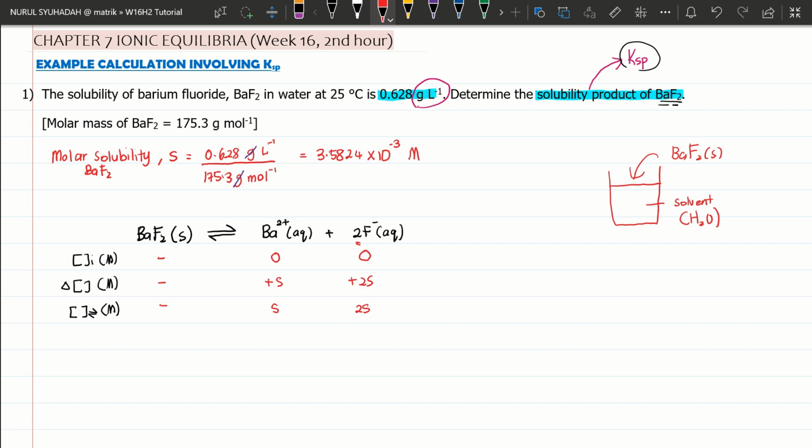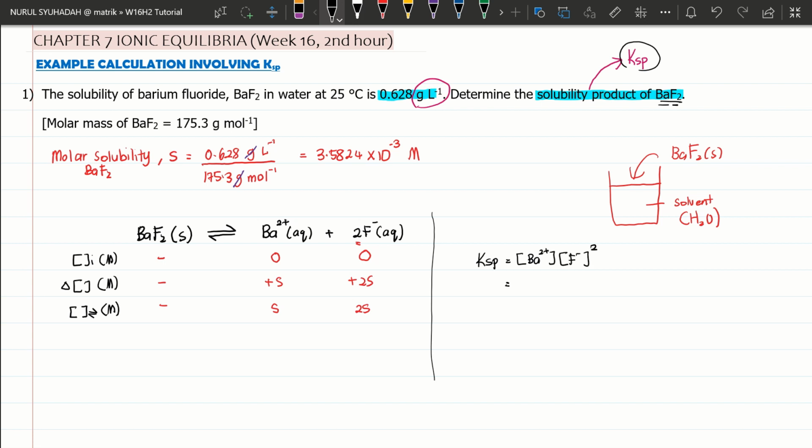The value of KSP. Okay, so to find the KSP value, what you need to do is, awak kena tulis KSP expression lah. Okay, so our KSP expression, so KSP equals to concentration of Ba2+ times concentration of F- to the power of 2.